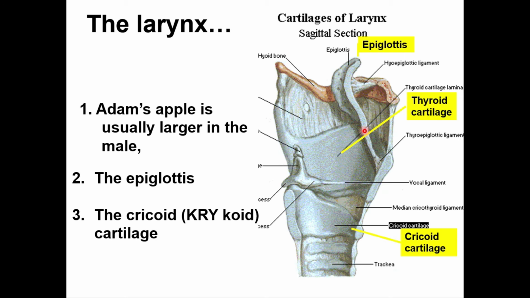Then come the vocal cords or vocal folds that vibrate with expelled air to create sound or speech, and the glottis, the opening between the vocal cords. The lowest portion is the cricoid cartilage, and then the trachea starts from here.